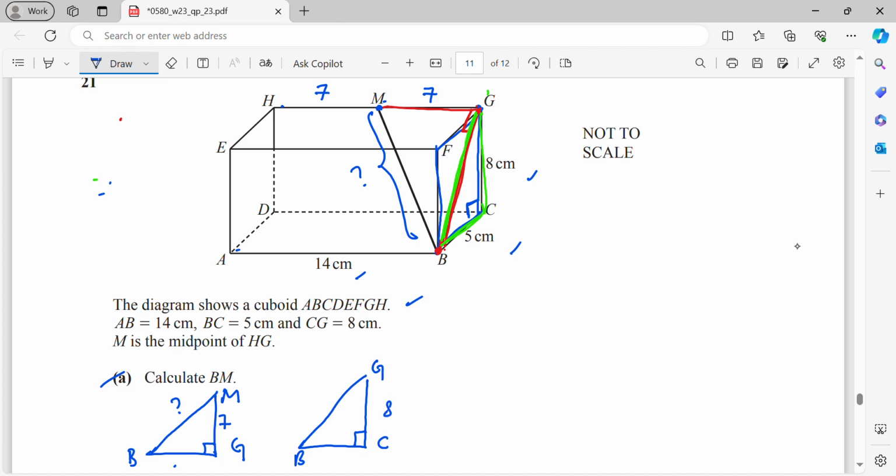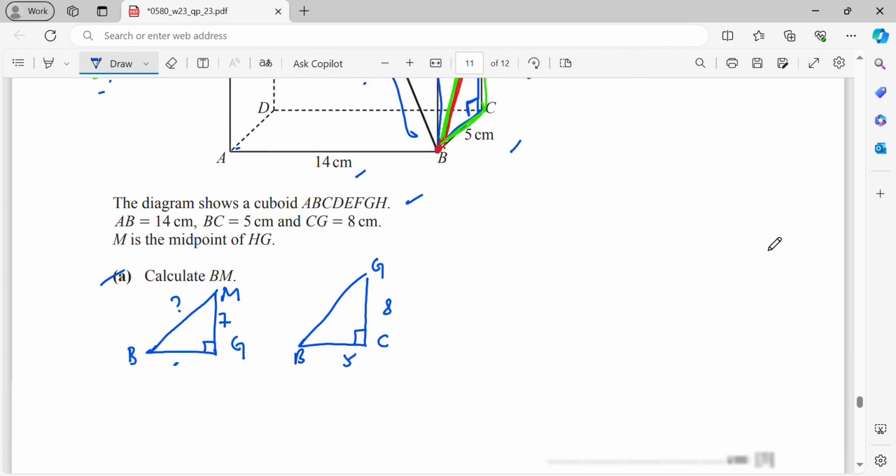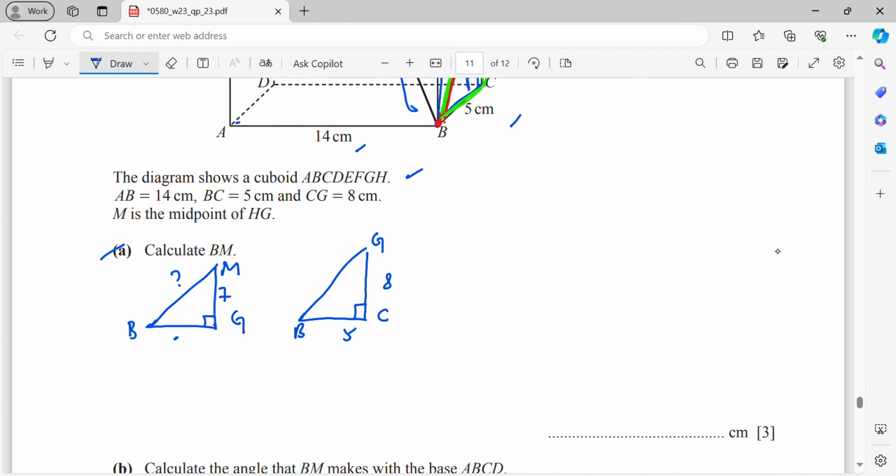And then GC is 8, BC is 5. Then I can find the BG. Once I found the BG, I will substitute into the first triangle. Okay, so by using Pythagoras theorem, BG squared equals BC squared plus CG squared. So that means this is 5 squared plus 8 squared, which is 89. Okay, so now I know that BG squared is 89.